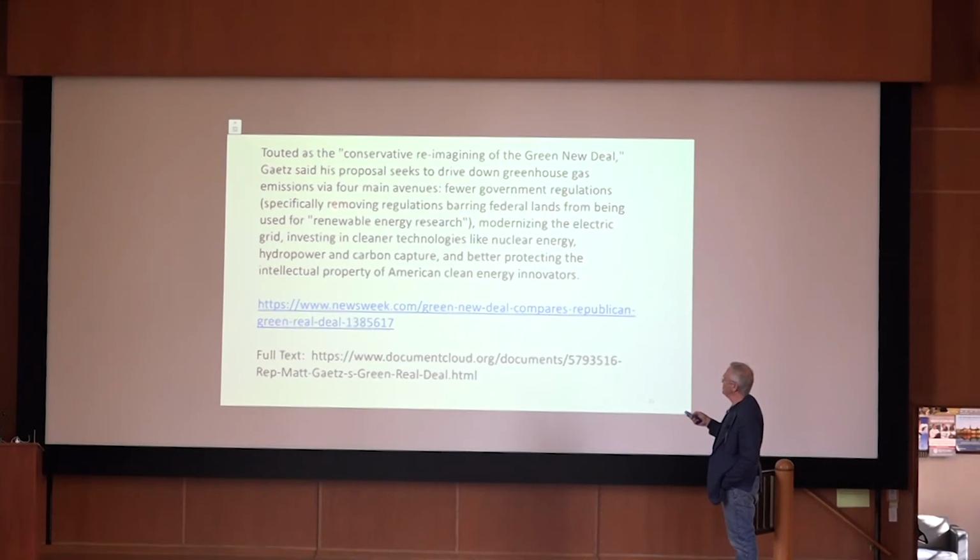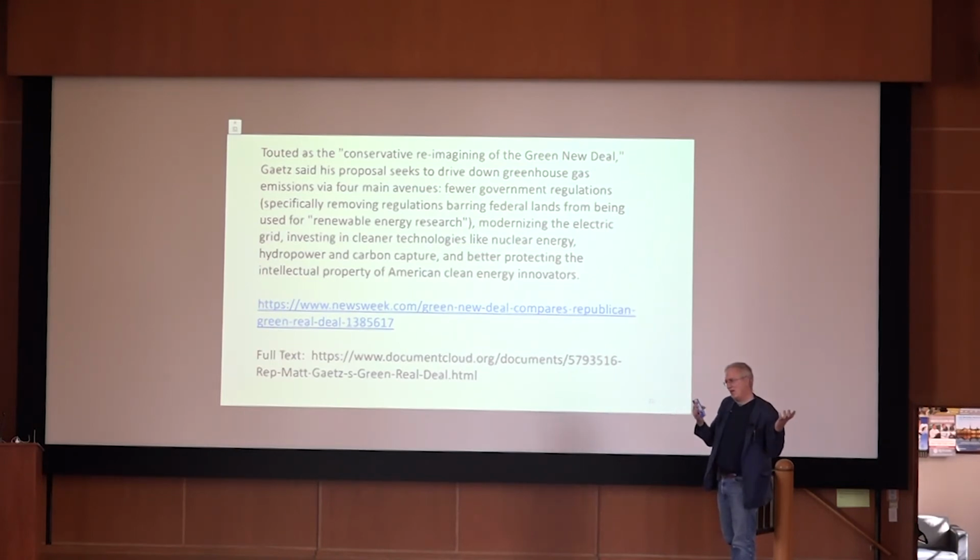First, fewer government regulations, specifically removing regulations barring federal lands from being used for renewable energy research, okay? Modernizing the electric grid, and that's a very sensible thing to do, right? That's an ability to move, for instance, sunshine power from the American Southwest to New England in the wintertime.